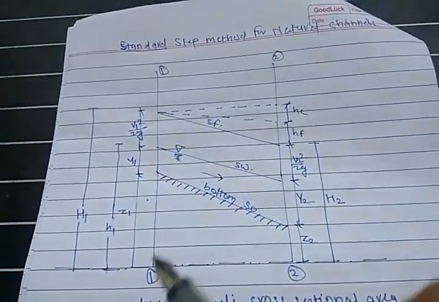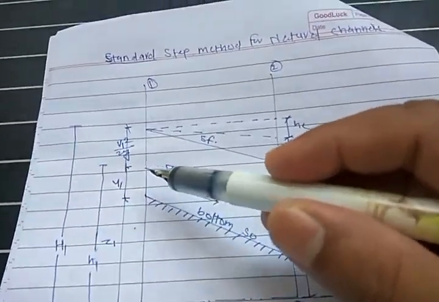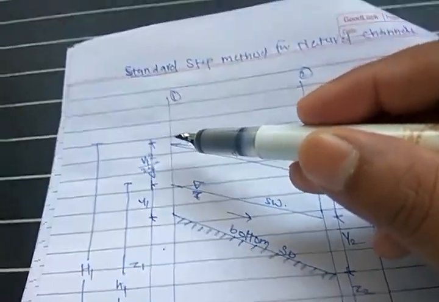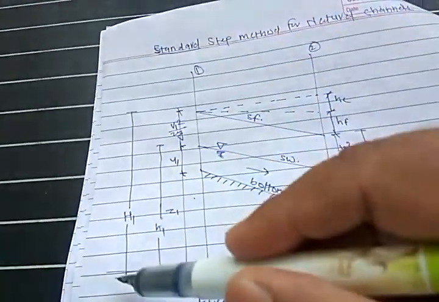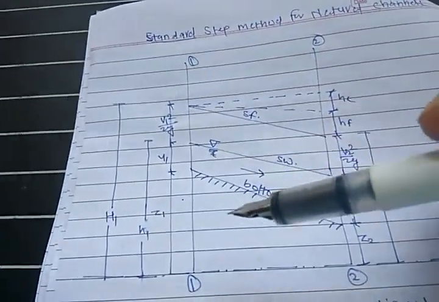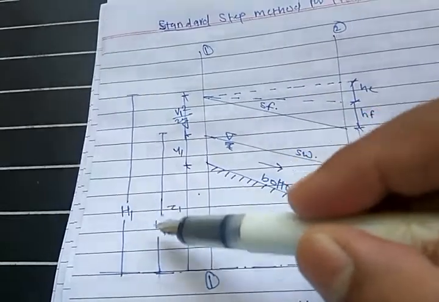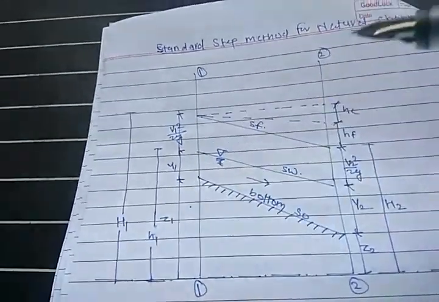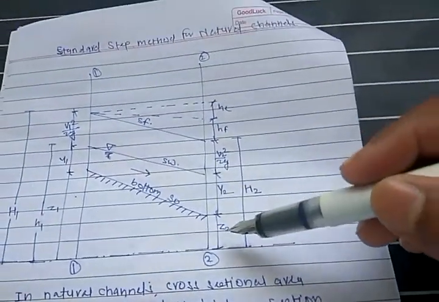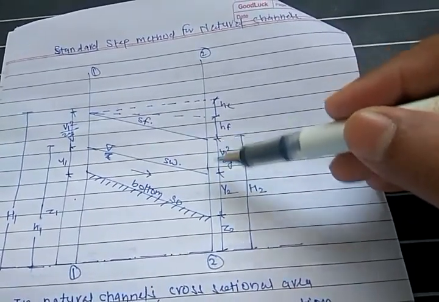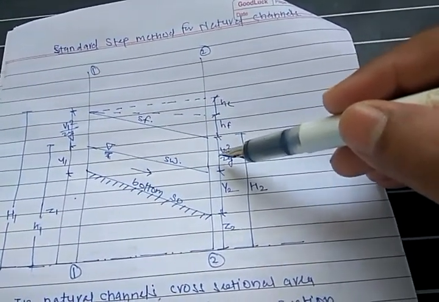At section 1 we have this as Z1, Y1, this as V1 square by 2G. So this total height we call capital H1, and Z1 plus Y1 we call small h1. This is new notation in this. On this side as well, this is Z2, Y2, and this is V2 square by 2G.